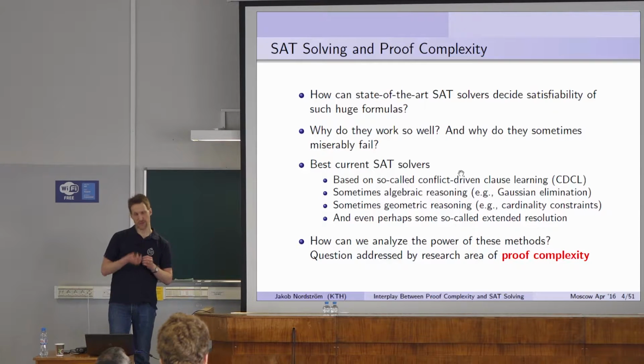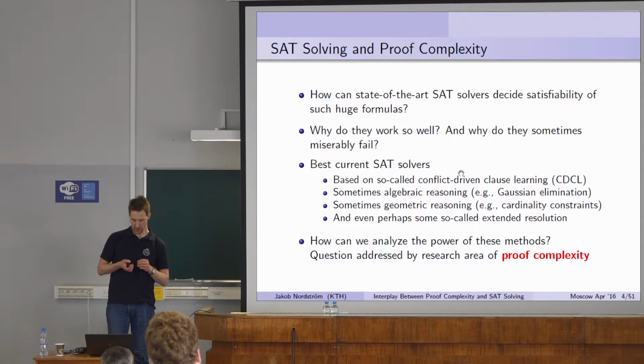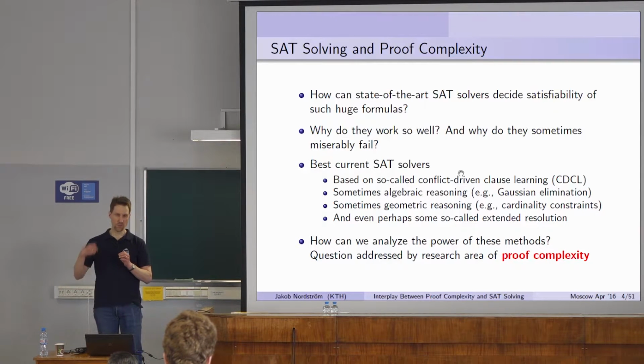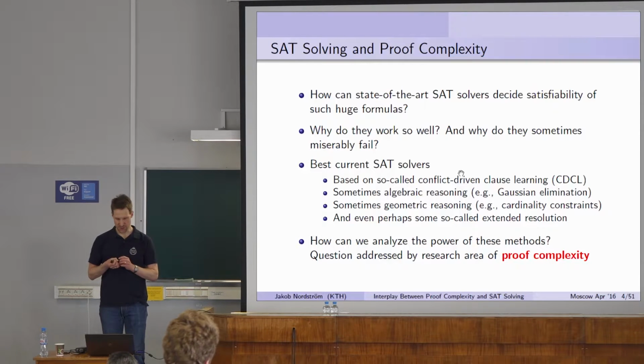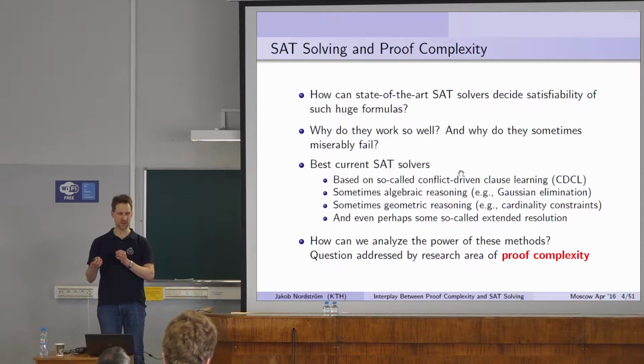Well, as some already said, the best ones are built on so-called conflict-driven clause learning. I'll tell you what it is. Then sometimes on top of this, you add some algebraic reasoning. Sometimes it's good to have geometric reasoning to be able to count, to reason about cardinality constraints, like at least 5 out of these 8 variables are true.